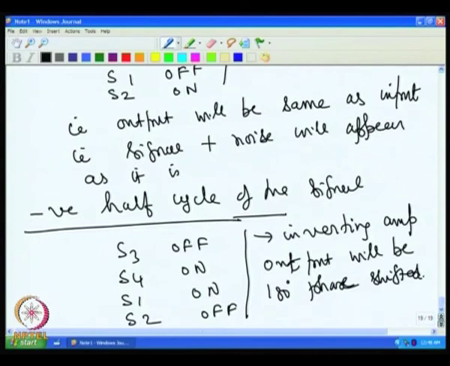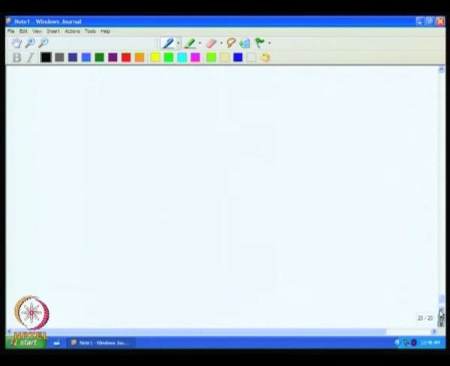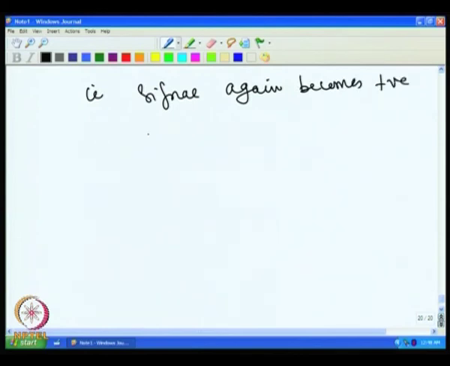That is, the minus signal will become plus, that is, the signal again becomes positive at the output.